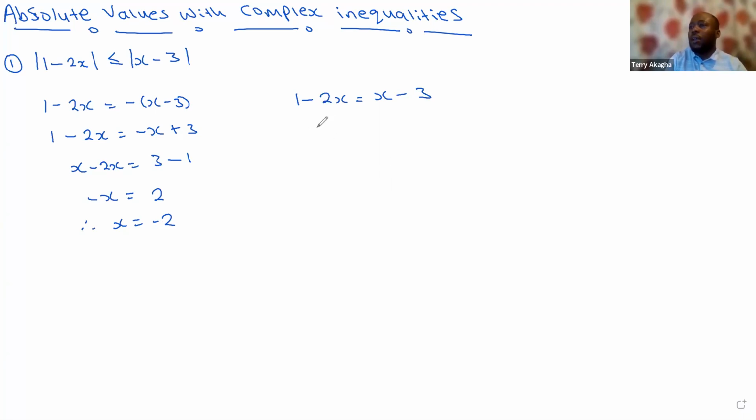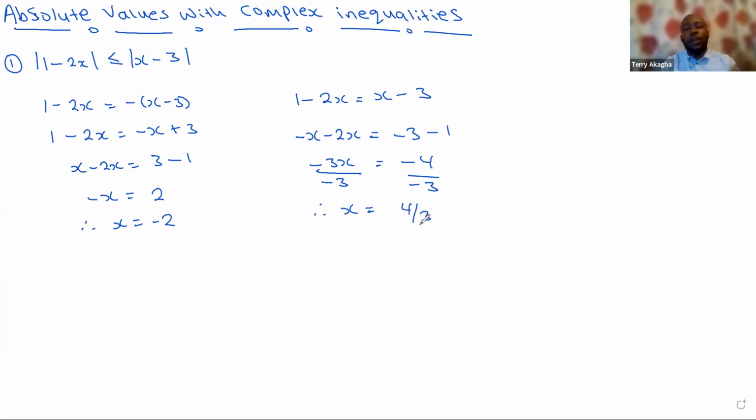The same thing here. You take x to the other side, so it's going to be minus x minus 2x is equal to minus 3 minus 1, okay? And this will give you minus 3x is equal to minus 4. You divide both sides by minus 3. Then x is going to be equal to 4 over 3.